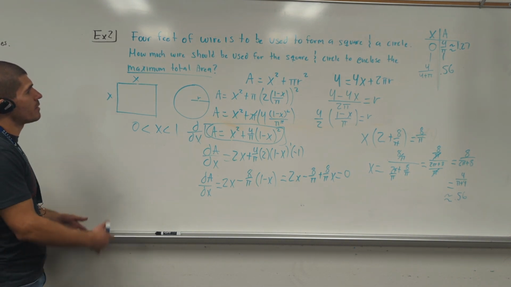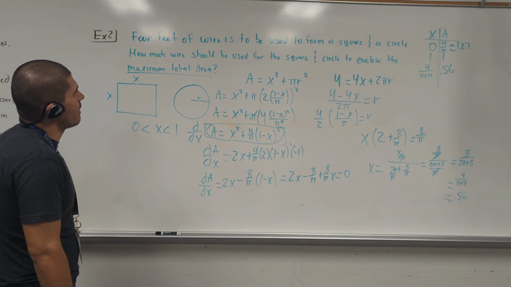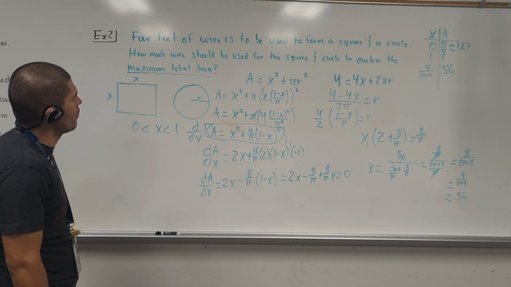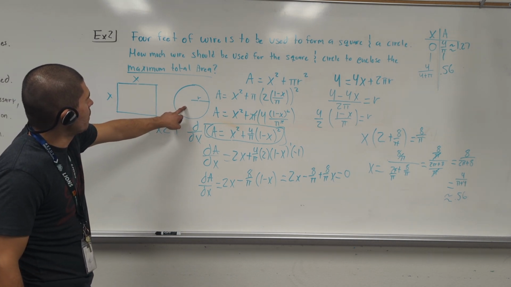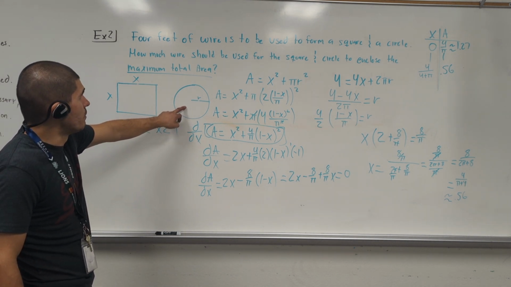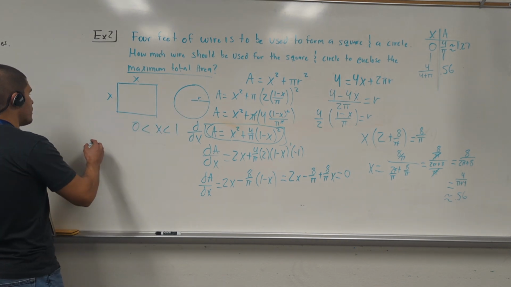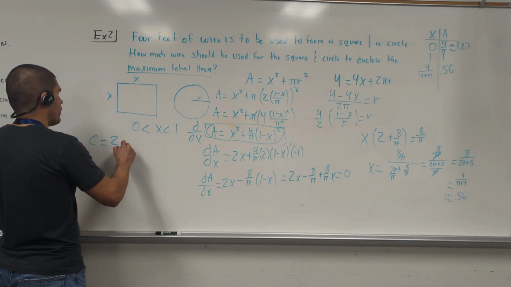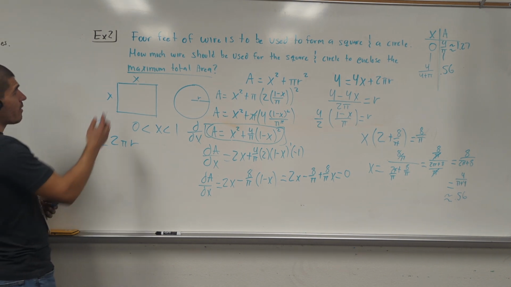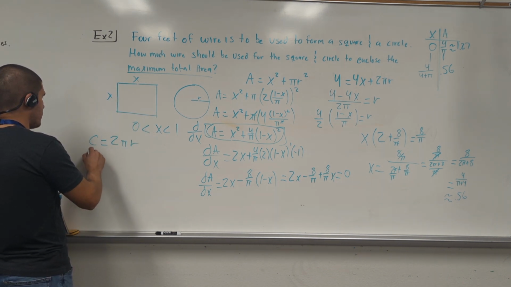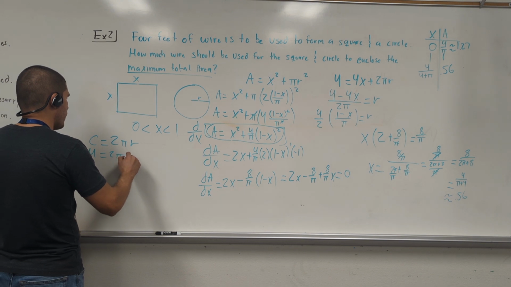Which would mean, if I do that, then remember your equation. The circumference of a circle is 2 pi r. We now know that we have to utilize the entire wire for the circle, so that means this 4 is equal to 2 pi r.